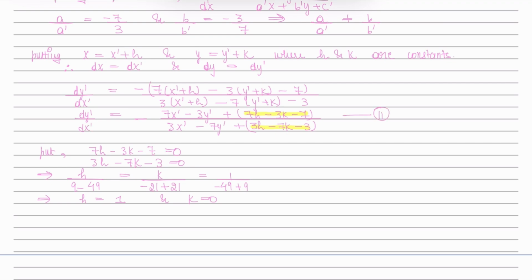After that, the equation number 2 will become dy dash upon dx dash is equals to minus of (7x dash minus 3y dash) whole divided by (3x dash minus 7y dash).